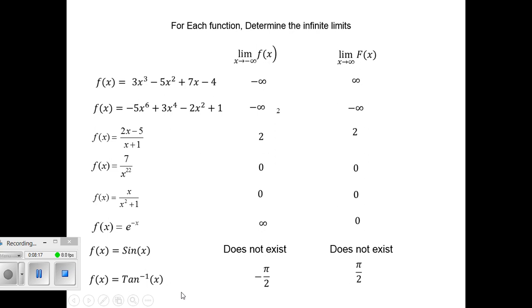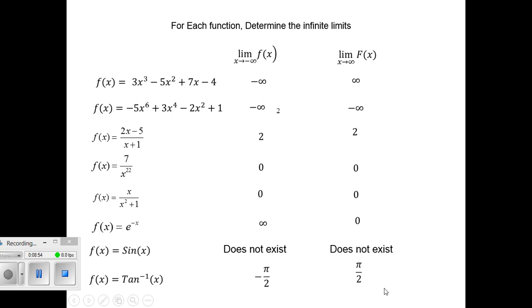Inverse tan of x. You need to depict the picture. The inverse tan of x has a domain covering all values of x, but a range restricted between negative pi over 2 and positive pi over 2. So we have one asymptote as we move towards negative infinity, which is negative pi over 2.